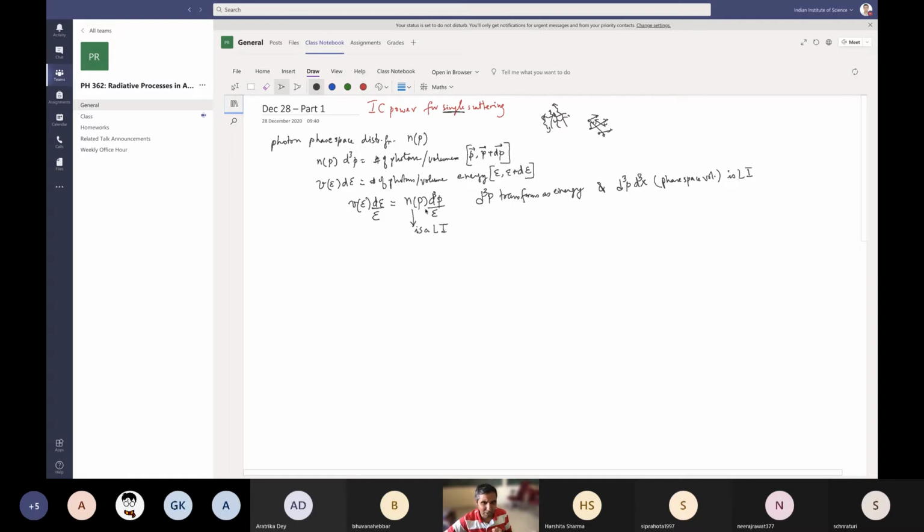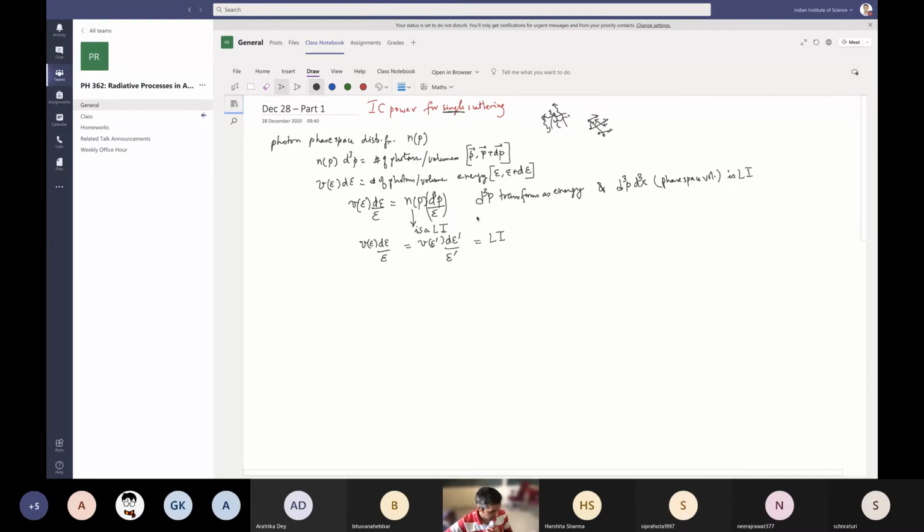So the ratio of these two is a Lorentz invariant. So we know that V epsilon d epsilon by epsilon is equal to V epsilon prime d epsilon prime by epsilon prime. All this is Lorentz invariant. The value of V epsilon d epsilon by epsilon is the same, irrespective of the frame in which you measure it.